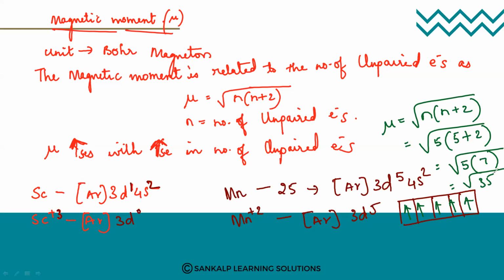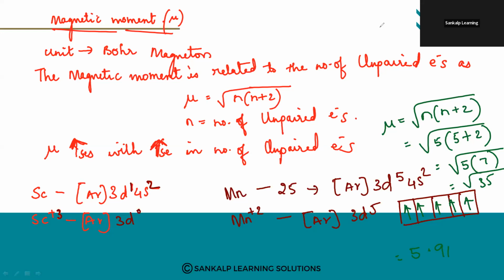Root of 35 will be 5.91. So this is the answer. Understood? Good. So this is very important.